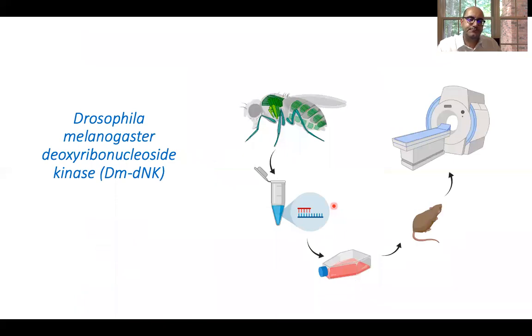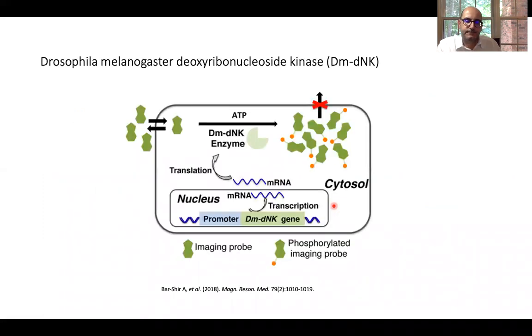So finally, we used a variant of a thymidine kinase. This is actually a deoxyribonucleoside kinase, a similar enzyme from Drosophila, the fruit fly, which is even more permissive than the HSV thymidine kinase in a way that it phosphorylates a larger variety of imaging probes.